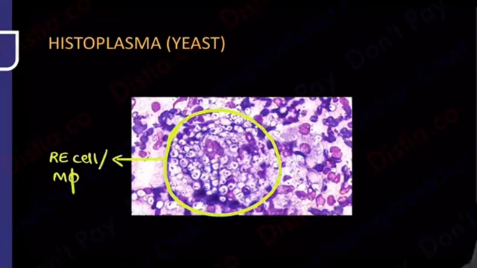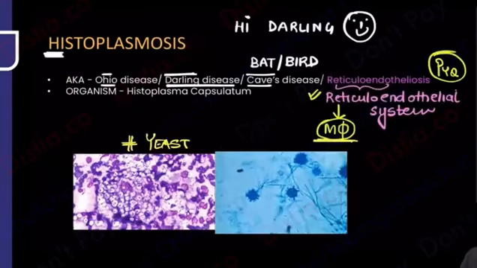Why is it a macrophage? I can see that blue colored nucleus also over here. And where is the histoplasma then? Histoplasma is the yeast form. Can you see the tiny, tiny dots? Those tiny dots are the histoplasma. That is the yeast form. Now, where is it present? It's usually inside, but it can be outside the macrophage also.